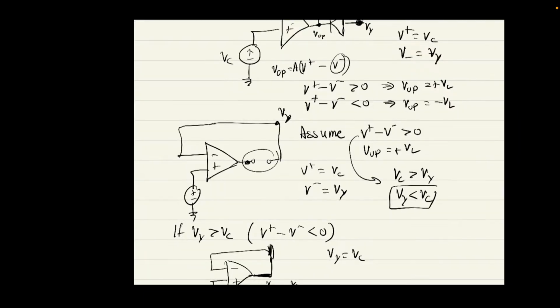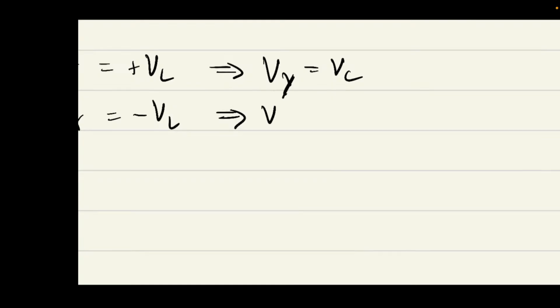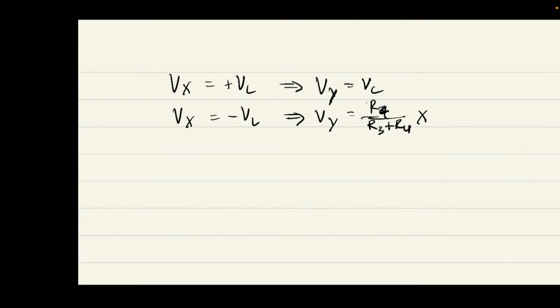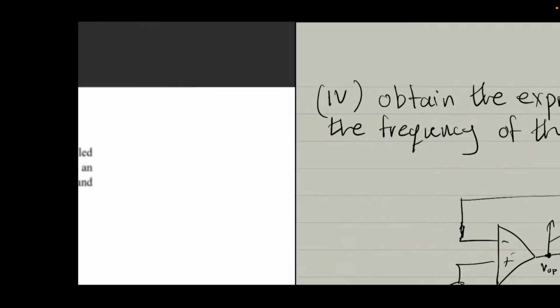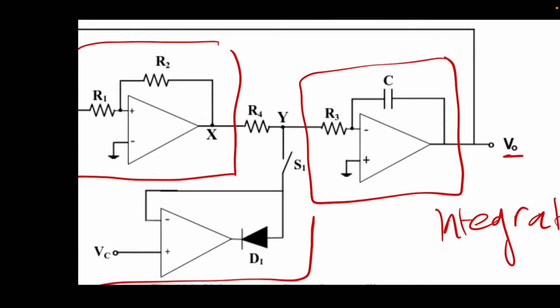Which means it's going to be an open circuit at the diode, which means that Vy will just be, as usual, the voltage division R4 on R3 of Vx, right? So it's going to be voltage divided across here.